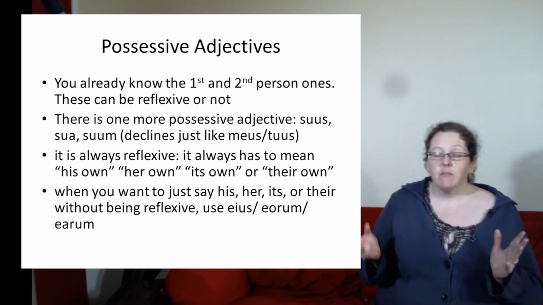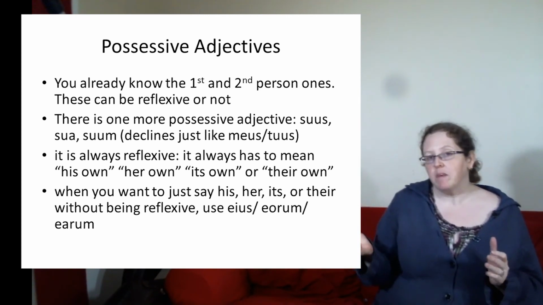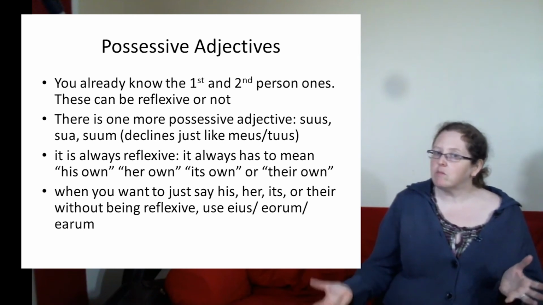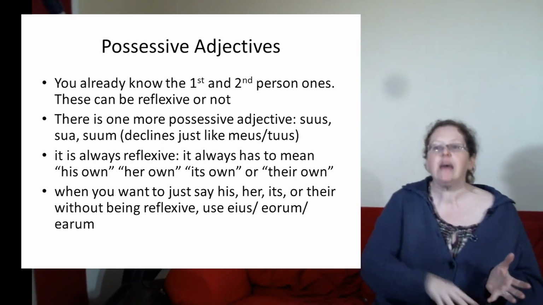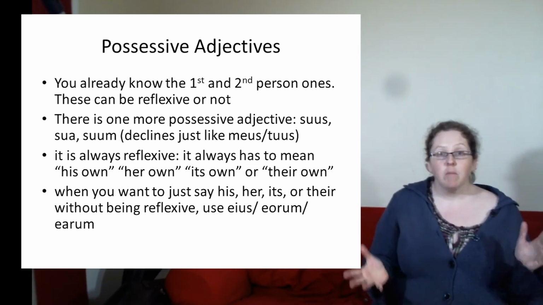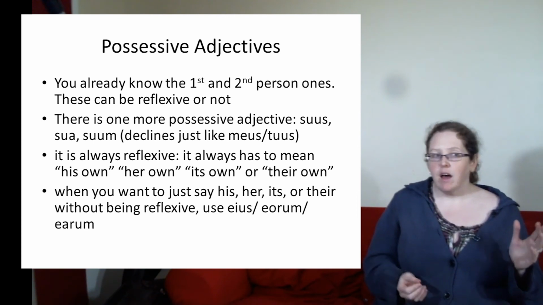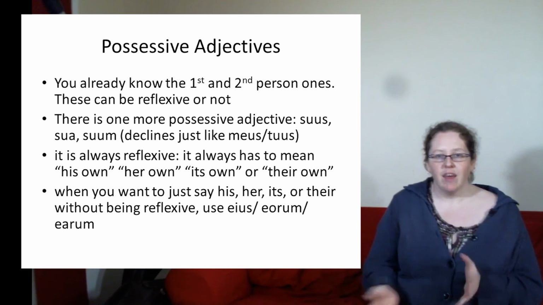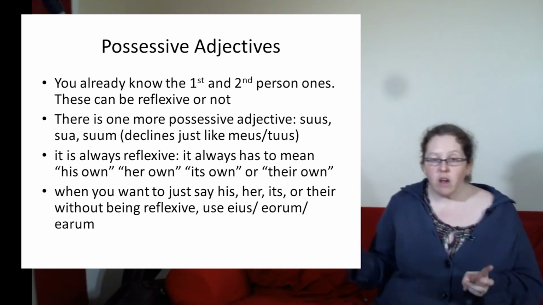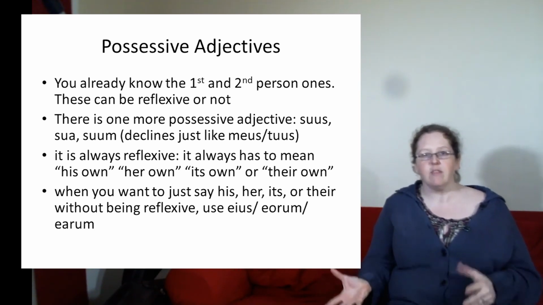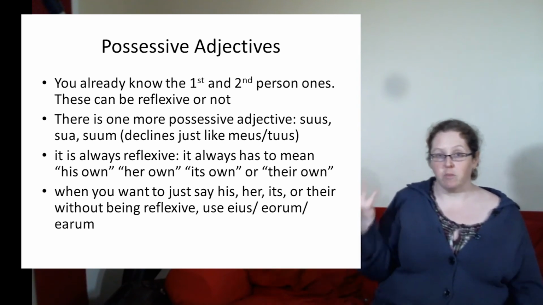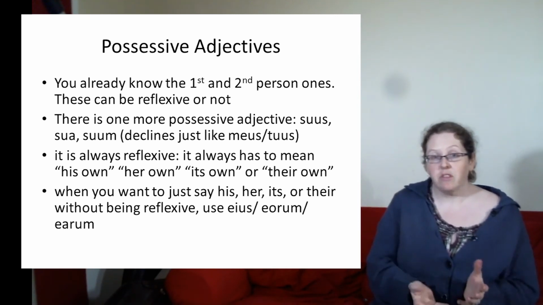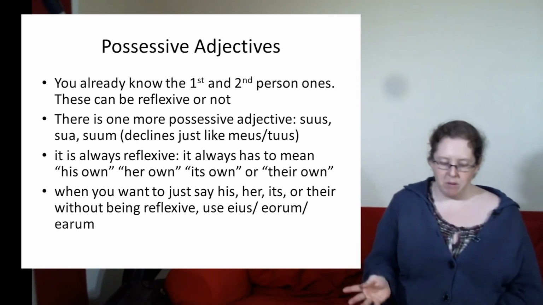In that example, meam is reflexive because the subject of the sentence is I and it's my own dinner. But let's say, habet meam cenam. He has my dinner. Meam is not reflexive in that sentence because it refers to me, and the subject of the sentence is he. So it can't be reflexive.